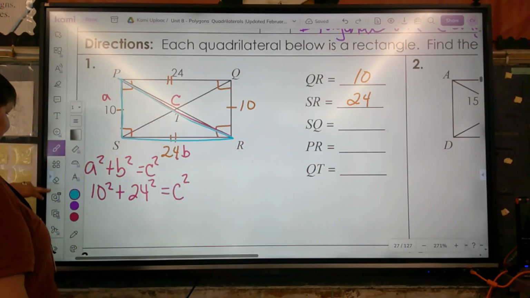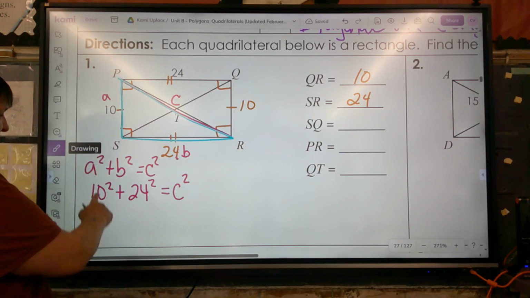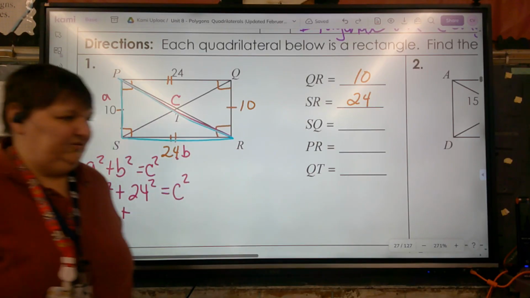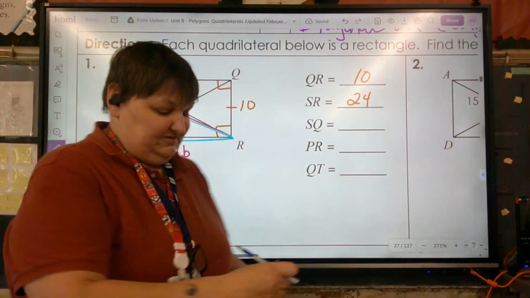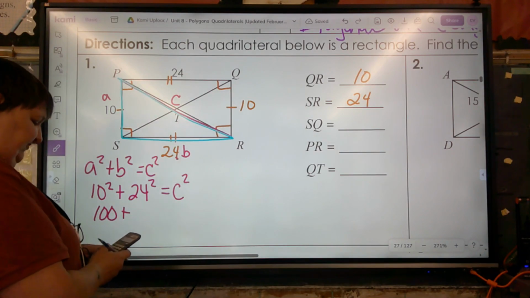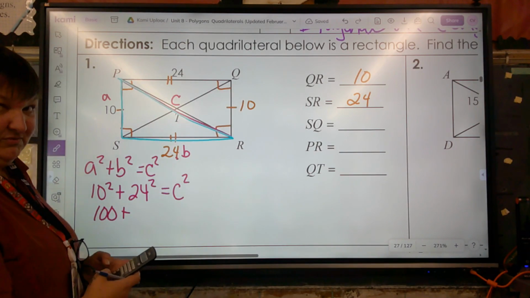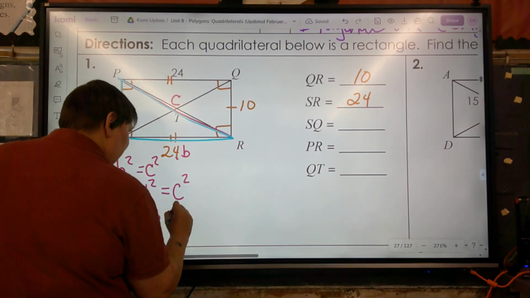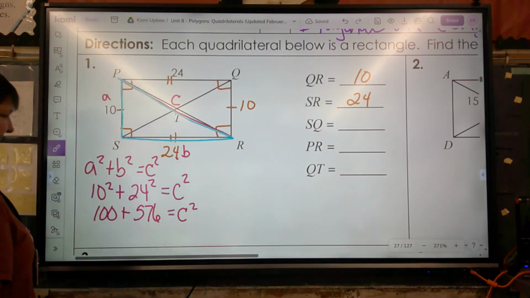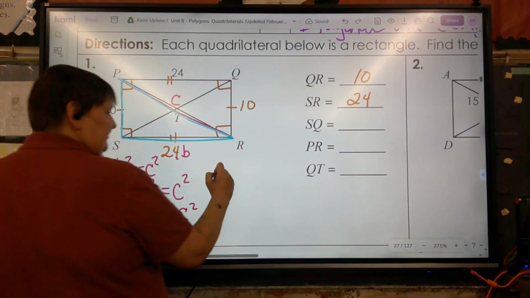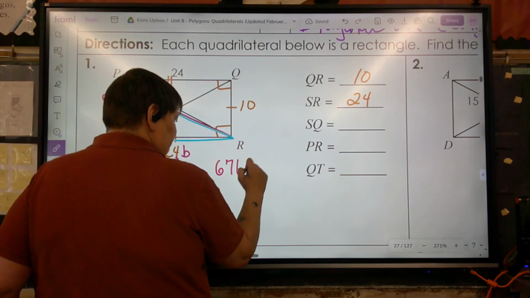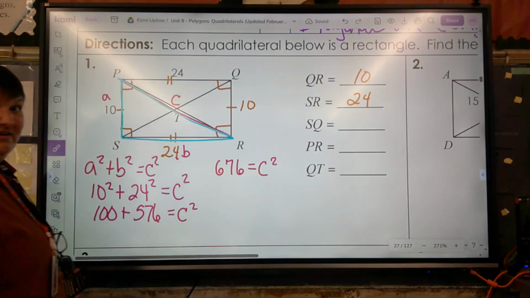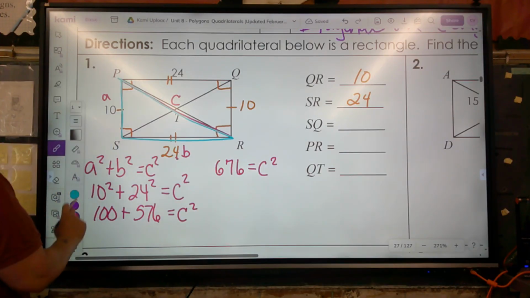So 10 squared is 100. 24 squared, good thing we have calculators, because I don't know that one. 24 times 24, which is the same as 24 squared, is 576 equals C squared. 100 plus 576, so it's 676 equals C squared. And the way to get rid of this square is to take the square root.